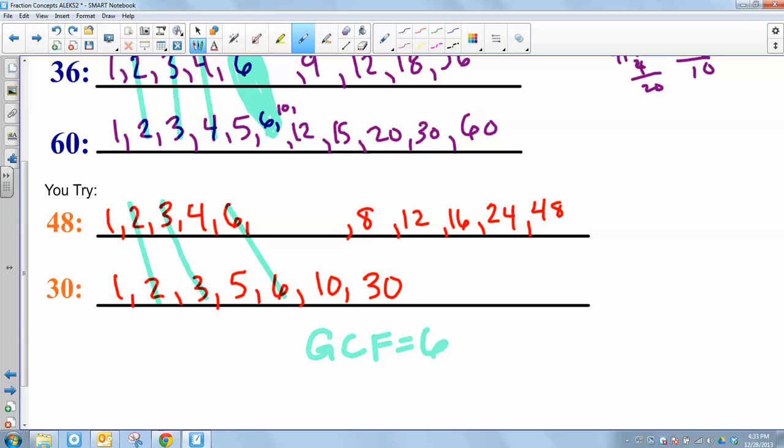I'm sorry, Mrs. Hook made a mistake. 2 times 15 should be in here. 3 times 10, 5 times 6. So the biggest number that's in common is 6. So my greatest common factor between 48 and 30 is 6.